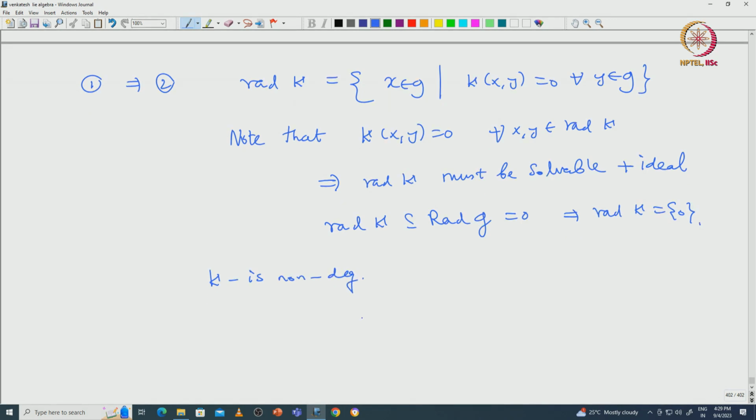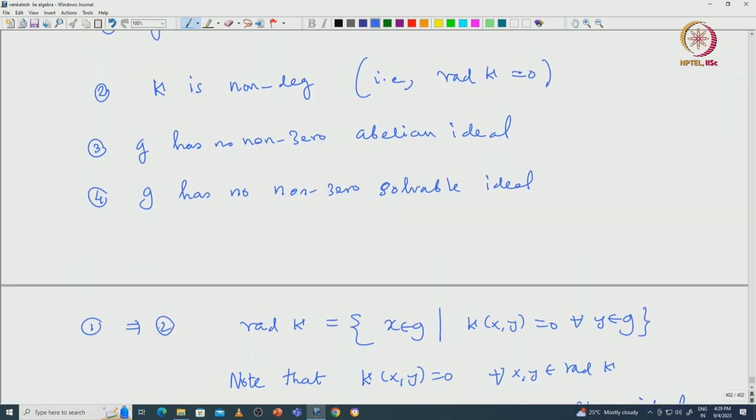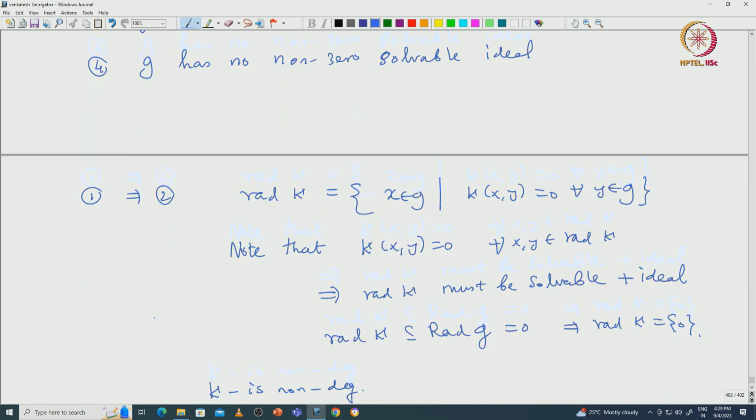Now, what about 2 implies 3? We assume that kappa is non-degenerate, that means the radical of kappa is 0. Then we want to prove that G has no non-zero abelian ideal.